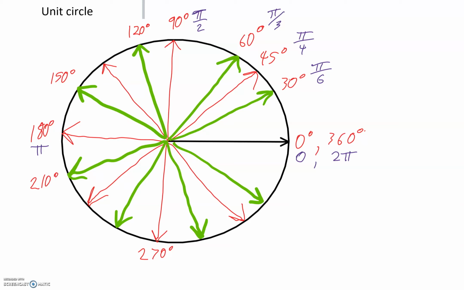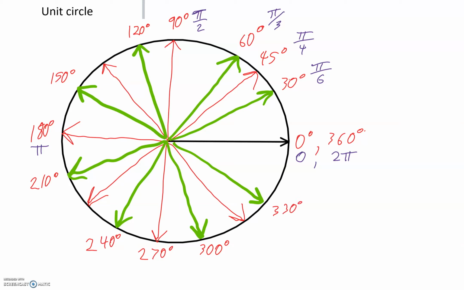Plus another 30 gives us 240 degrees. Plus another 30 gives us 270. Plus another 30 gives us 300. Plus another 30 gives us 330 degrees.